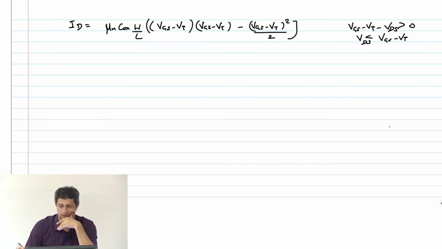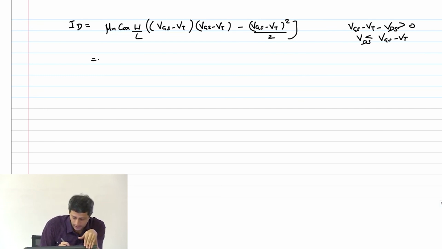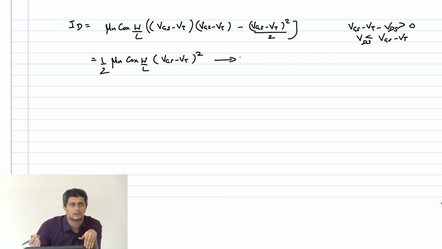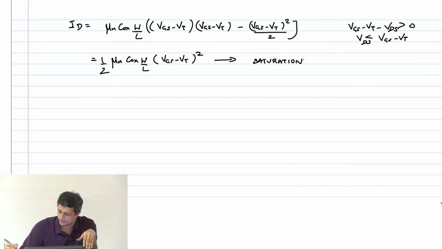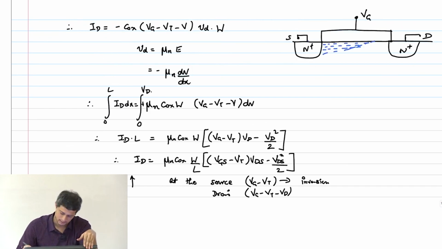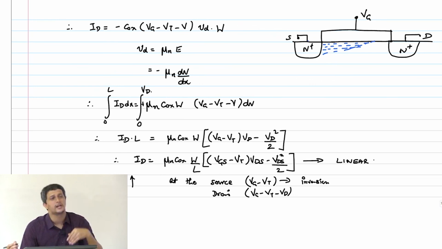Right, and therefore this current, if you simplify this, will become mu n Cox W by L into VGS minus VT the whole squared by 2, and this region quite obviously is called saturation. And the previous current equation was basically called the linear region.